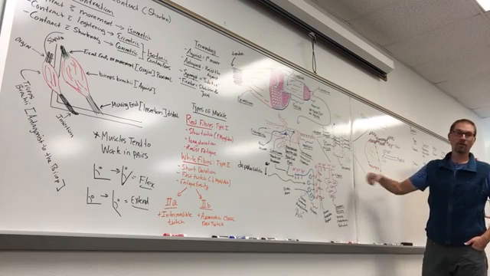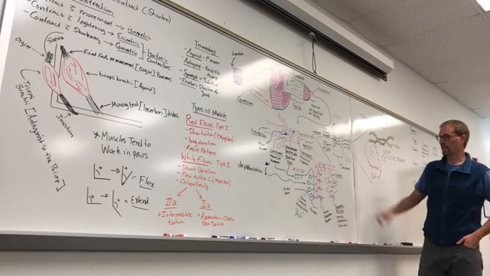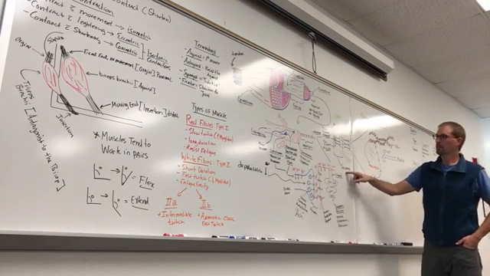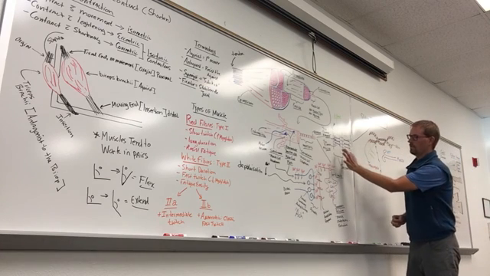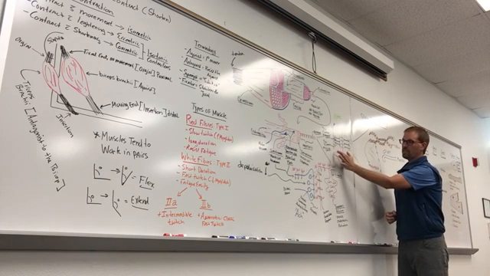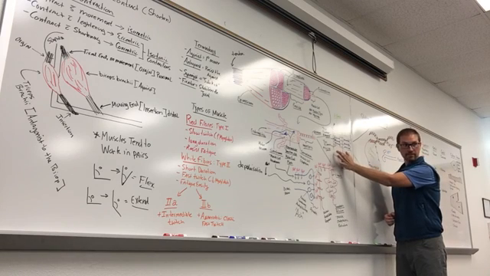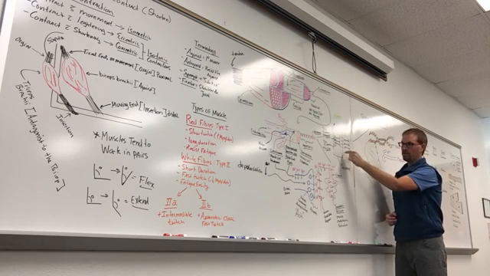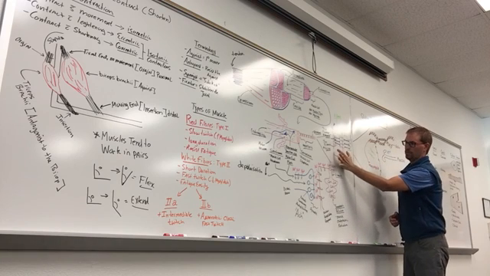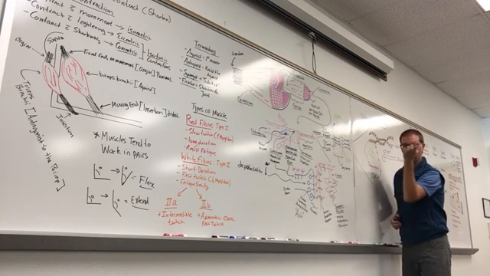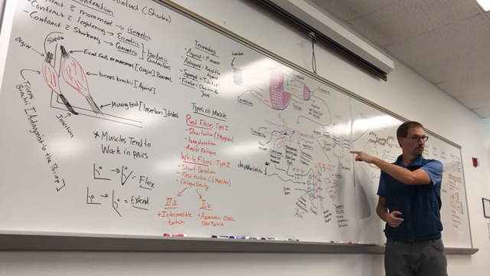A sarcomere is the unit between one Z line and another Z line. So here's a Z line, here's a Z line, here's a Z line. Z line to Z line is a sarcomere. That's not a cell.